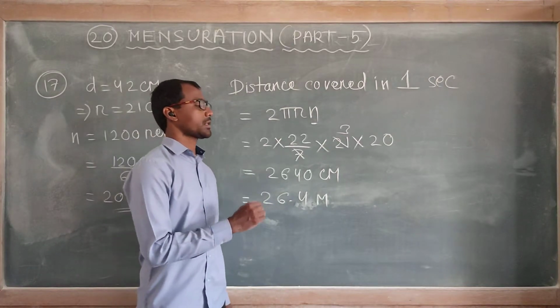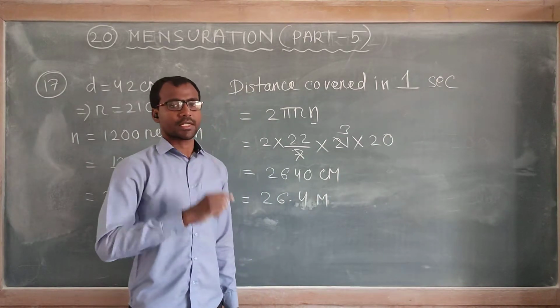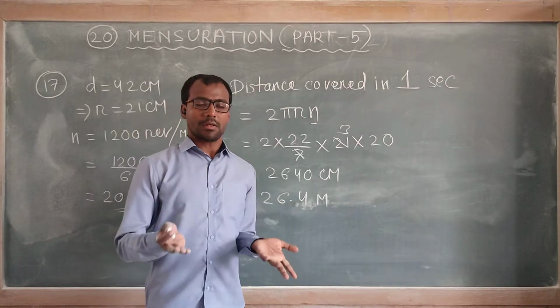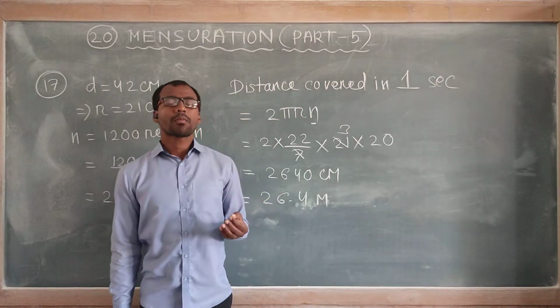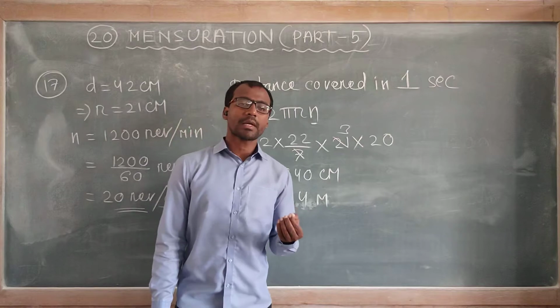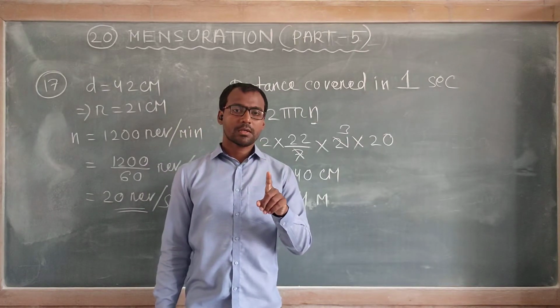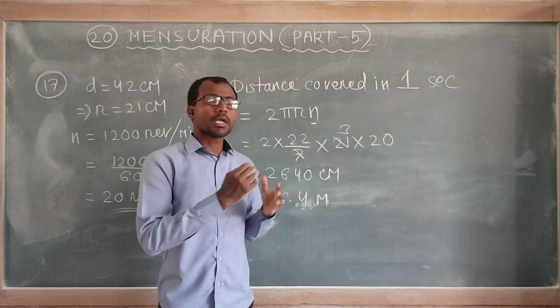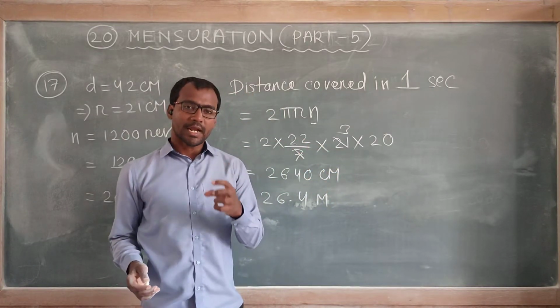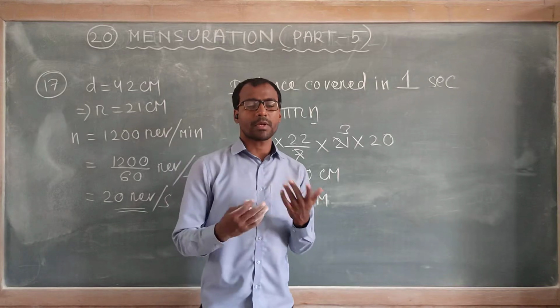So this is the distance traveled by the train in 1 second, which is nothing but speed. What is speed? Speed of an object is the distance traveled by the object in unit time, or in 1 second. When we take into consideration time along with distance, we get speed.